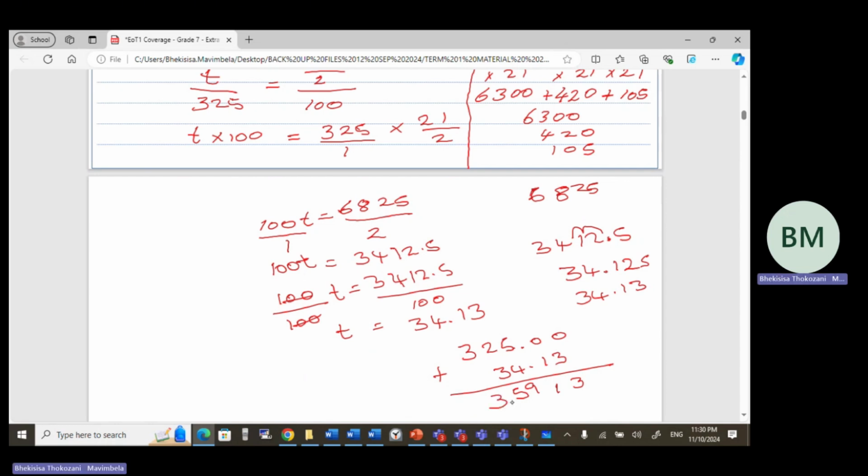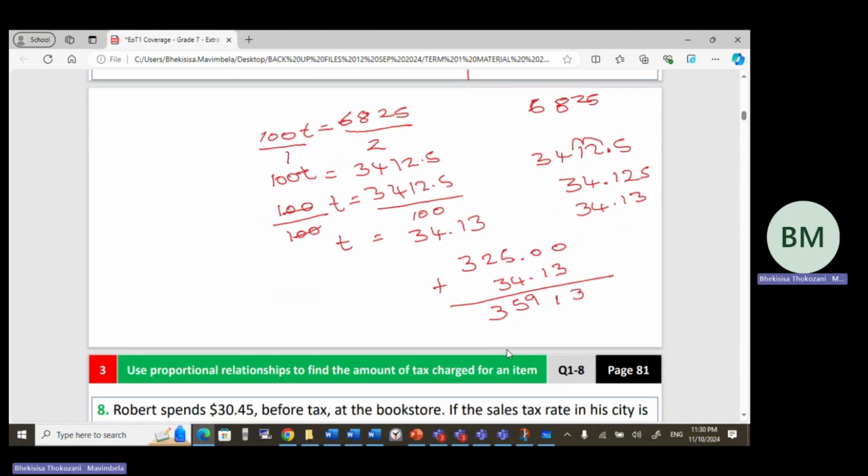So we end up with 359.13. So this is our answer. Everything here, guys, is in dollars. So the total cost, I like to write TC for total cost, is equal to, in dollars, of course, 359 dollars, 13 cents. So this is our total cost.